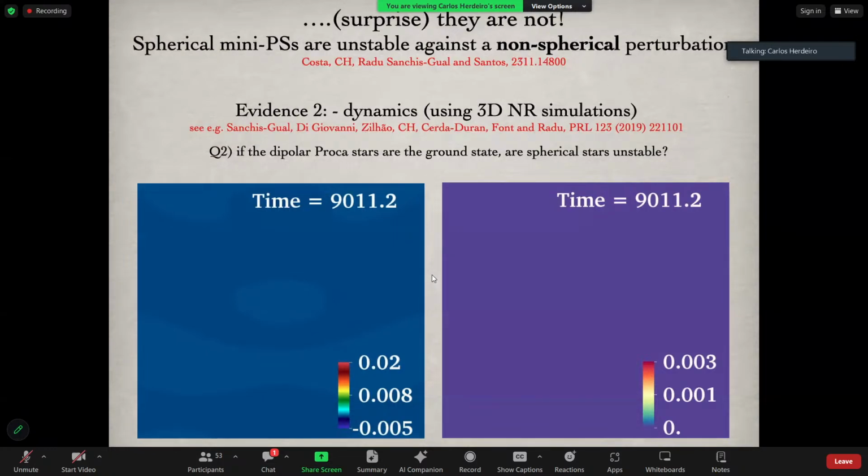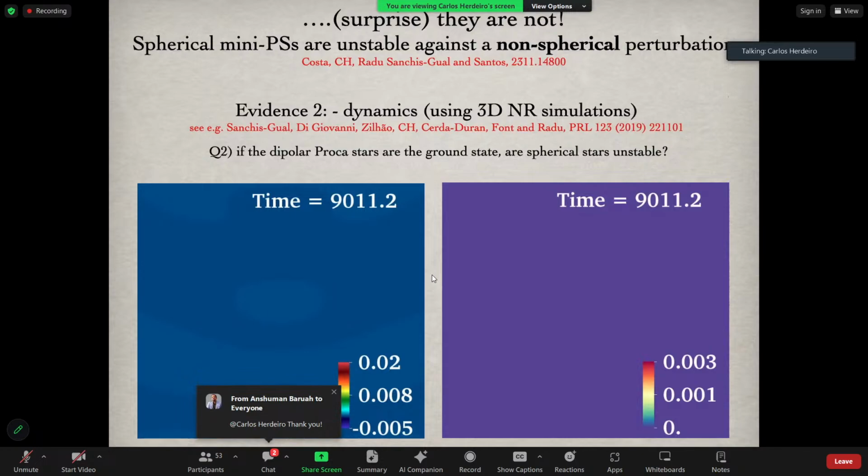What I'm trying to make the case for now is that in the case of the vector, that is Proca stars, even though there is no instability in the spherical sector, there is a non-spherical instability, which only seems to happen in the vector case. And this happens even before you reach the maximum mass solution. So all of these spherical vector stars that were thought to be the fundamental state are actually unstable, and they decay to another state, which is the true fundamental state, and it is not spherical. I hope this clarified.